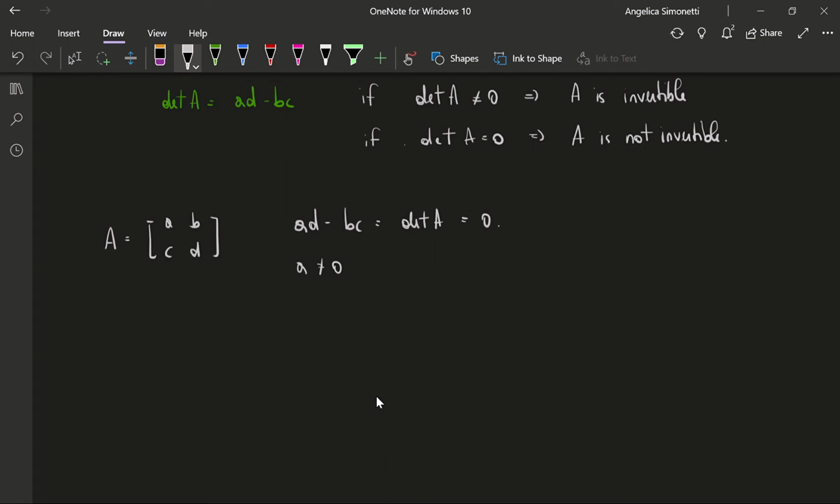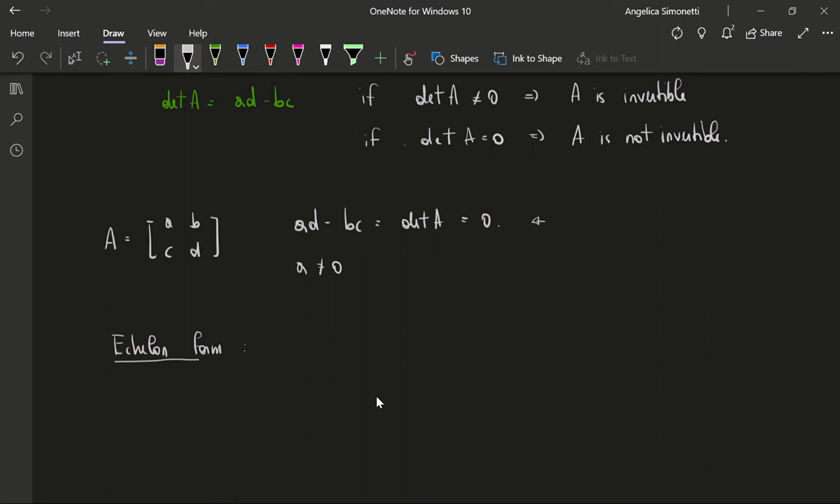So, the echelon form. And remember, all we know is that A is 2 by 2, A is non-zero, and then we have this information over here. Okay, so I choose my first row to be my first row of the echelon form.